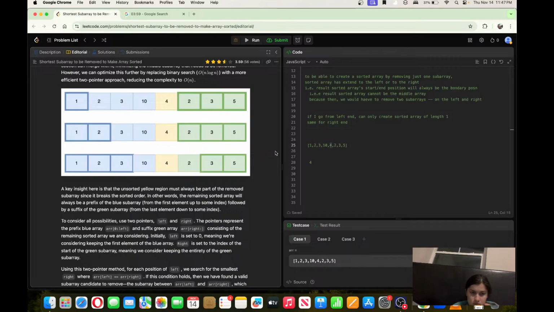To consider all possibilities, use two pointers, left and right. The pointers represent the prefix of the blue array.